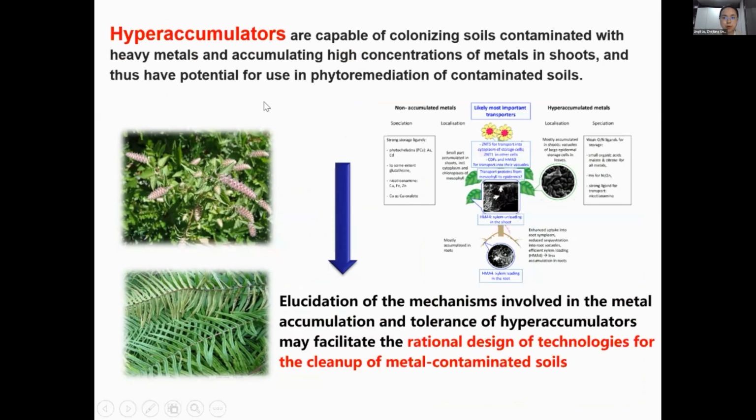They are capable of growing in soils with very high levels of heavy metals and also accumulate very high concentrations of metals in their shoots. So this can be used for the remediation of contaminated soils. That's why we wanted to understand why these plant species can accumulate such high levels of metals in their shoots.